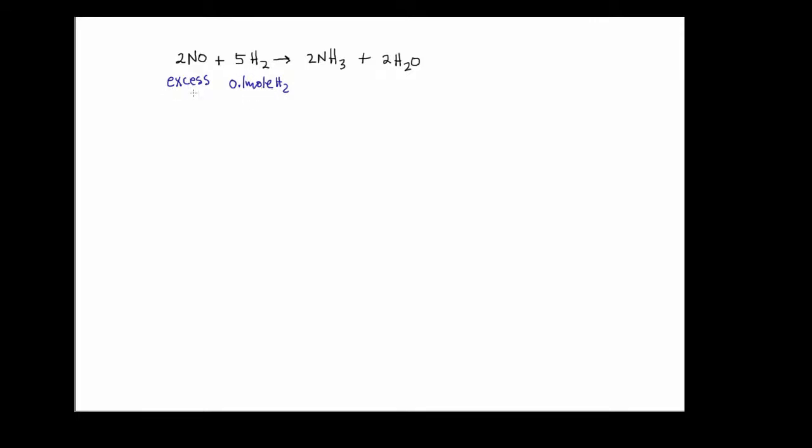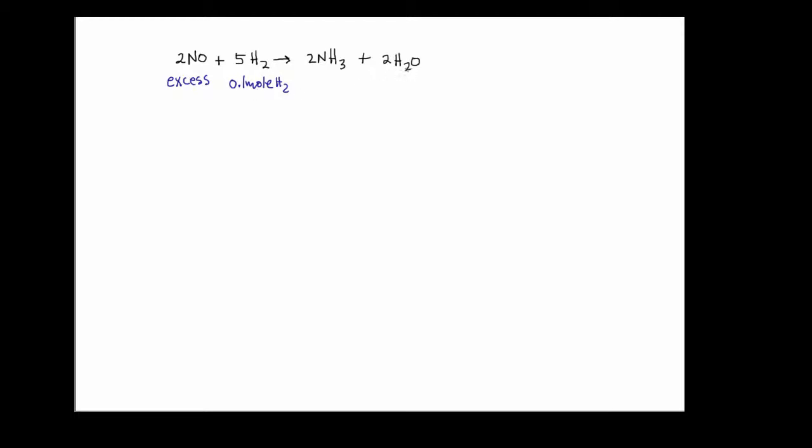To say that we're in excess, what we would really mean is that we would have 5 tires, so 1 tire more than the amount we need to make the car. So what we're saying in this problem is that we've got 0.1 moles of H2, and we're providing enough NO gas to complete the reaction.